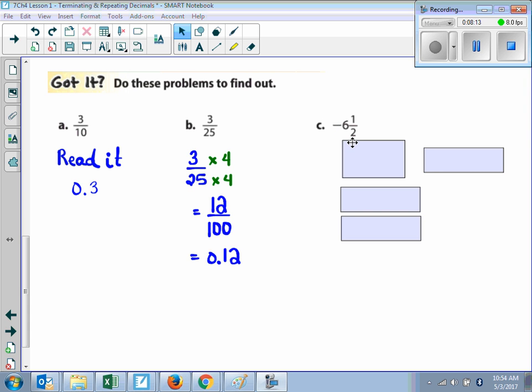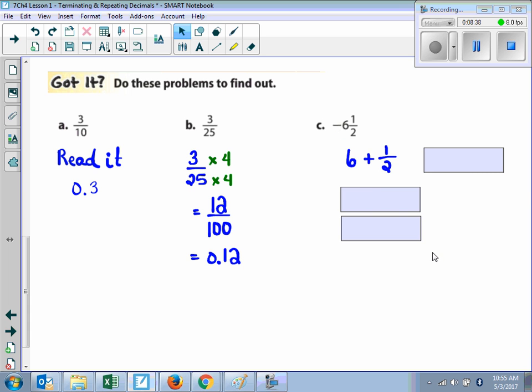Now, this last one here, we're going to change -6 1/2 to a decimal. When you do the negatives, you're just going to think about that negative and put it aside for a minute. And then when we finish with all of our calculations, we're going to put the negative back on. So here, when we separate these, like we did in the example, we're going to separate it as 6 plus 1/2.